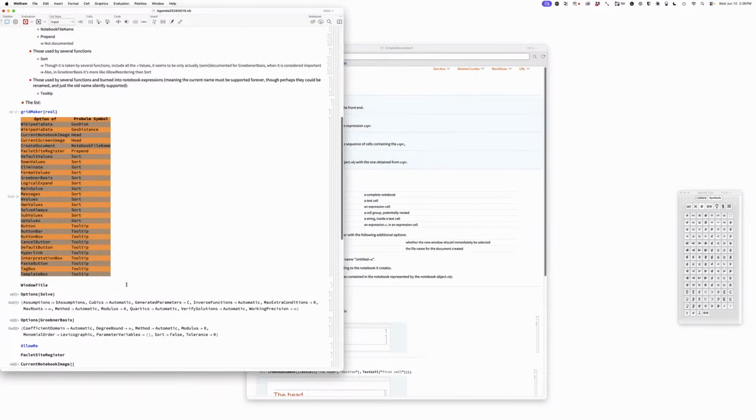So, is there something in the option inspector which is the notebook file name? No. Because that's a kernel type thing and it's orthogonal to that. Is that correct? Well, it is because it lives outside of the notebook, right? Yeah, it is a front end property, but it's not an option.